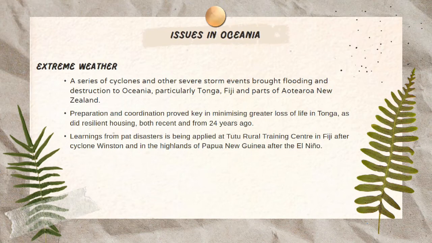Preparation and coordination proved key in minimizing greater loss of life in Tonga, as did resilient housing, both recent and from 24 years ago. Learning from past disasters is being applied at Tutu Rural Training Center in Fiji after Cyclone Winston, and in the highlands of Papua New Guinea after the El Nino.